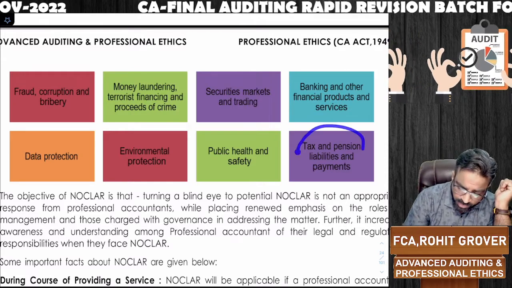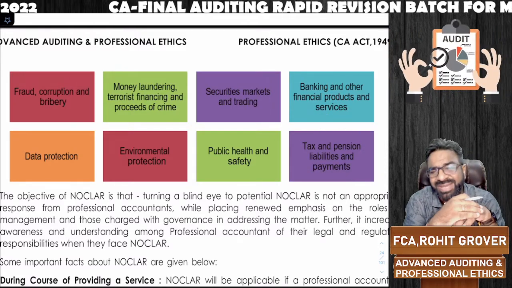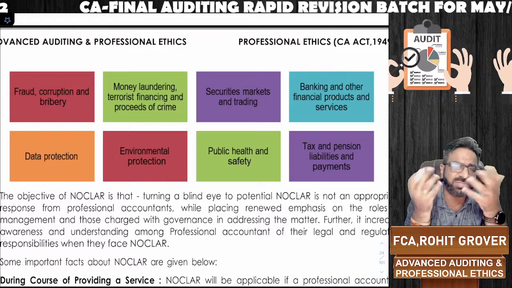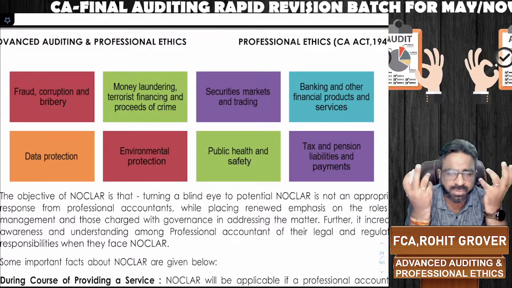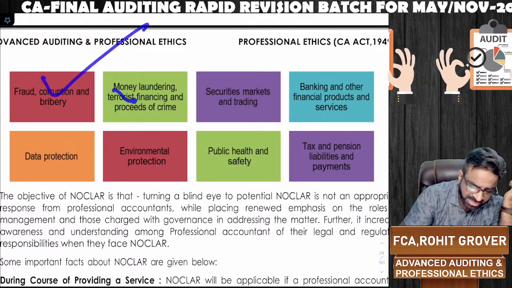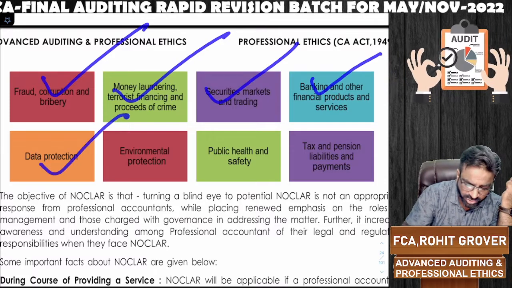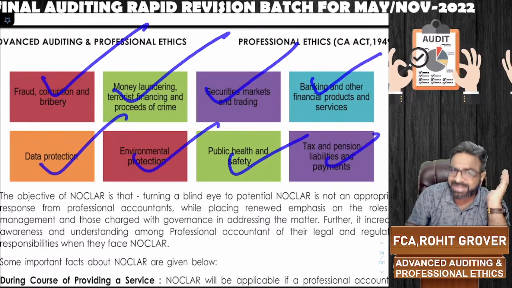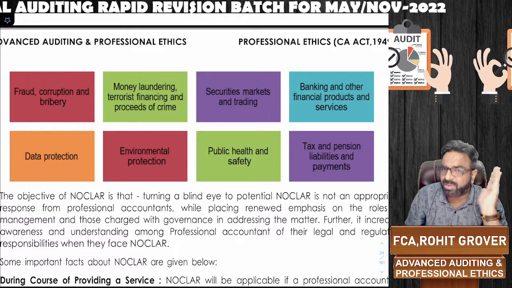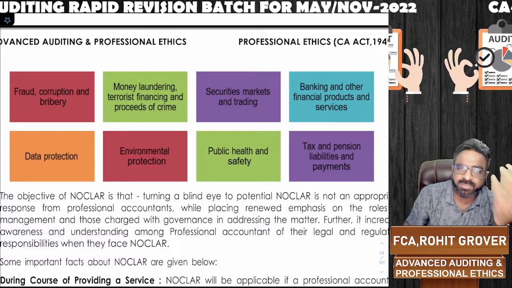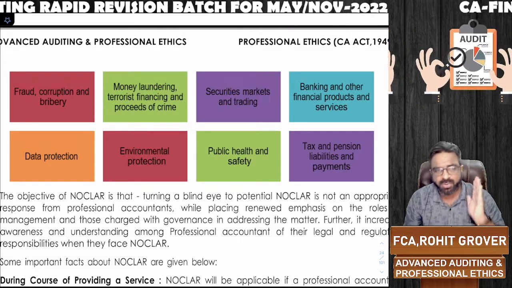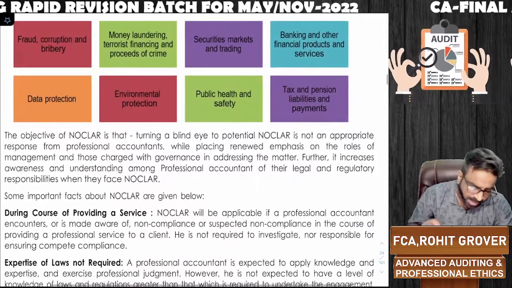You are also going to report NOCLARs relating to tax and pension liabilities and payments. Suppose there is any default in the workmen compensation fund. So these are the various examples of NOCLAR which you have to report, either done intentionally or unintentionally, by your client or employer, in the form of commission or omission. Always remember.